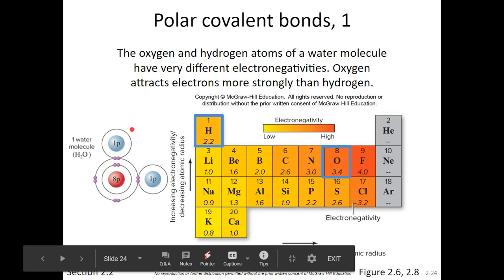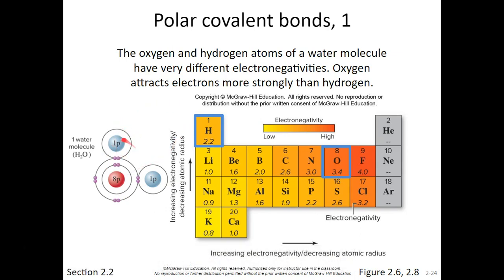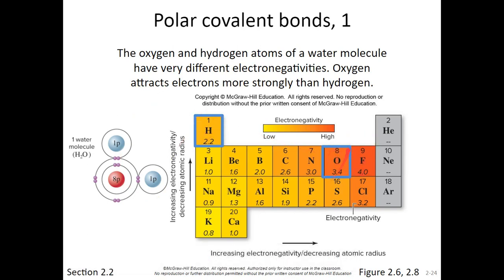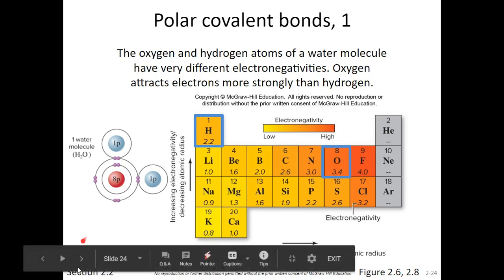Oxygen attracts electrons more strongly than hydrogen. Which is more electronegative? Oxygen is more electronegative than hydrogen. That's why the reaction between these two was possible. Otherwise, metals react with nonmetals, and there is no reaction between two nonmetals unless there is a change in electronegativity.